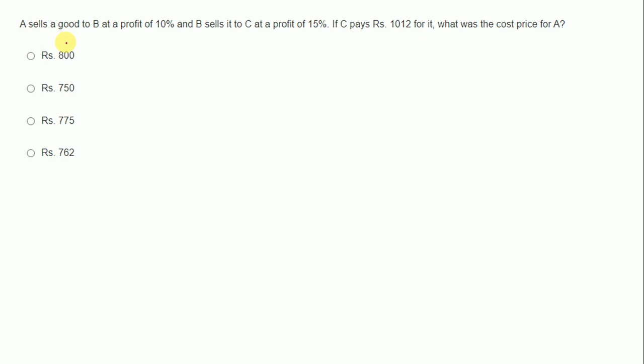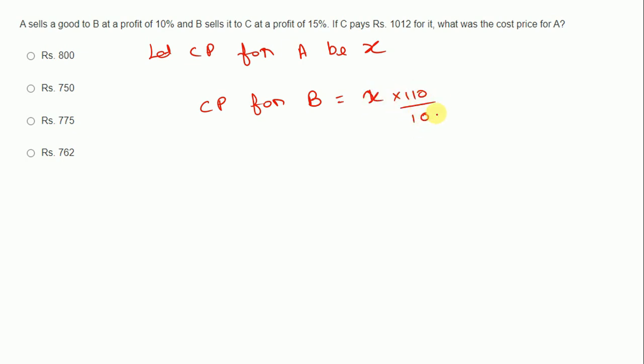Now A sells a good to B at a profit of 10%. So let CP for A be X. Then CP for B will be X into 110 divided by 100, as A is taking 10% profit, and B sells it at a profit of 15% to C. So CP for C would be 110 divided by 100 into X into 115 divided by 100.